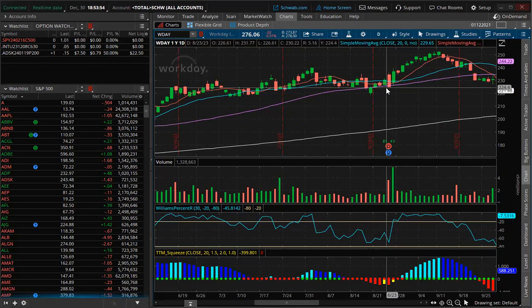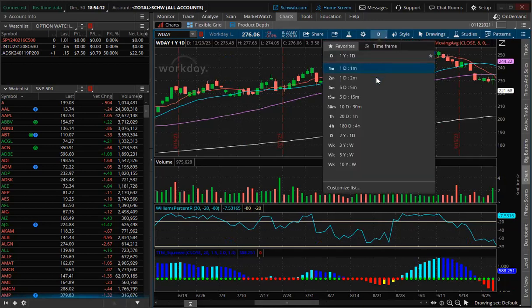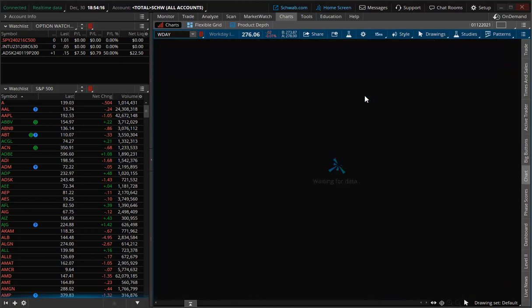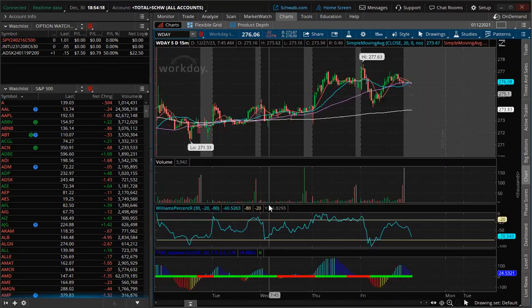And at the bottom of this window, you can see the days all the way across. And this is the day chart. If you change to, for instance, a 15-minute chart, it will give you the days of the week.